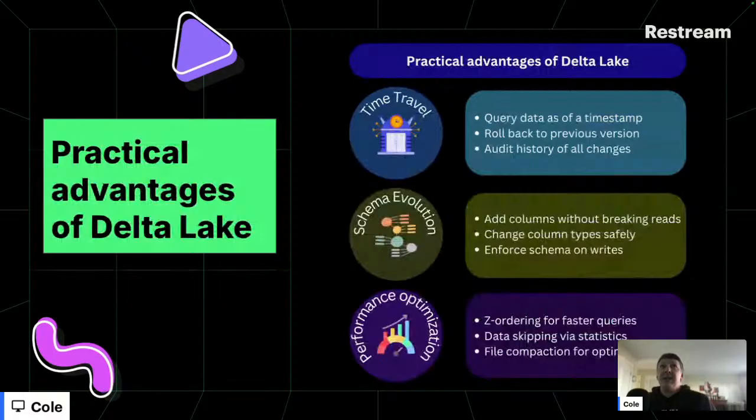So some practical advantages of Delta Lake. The first is time travel. You can query data as of a timestamp, and you can actually roll back to previous versions, with a history of all changes that you make to your delta table.